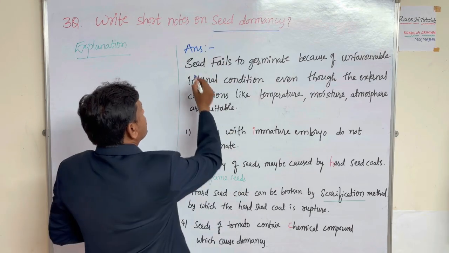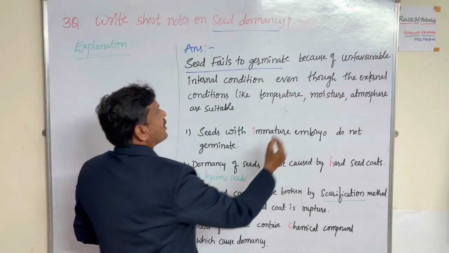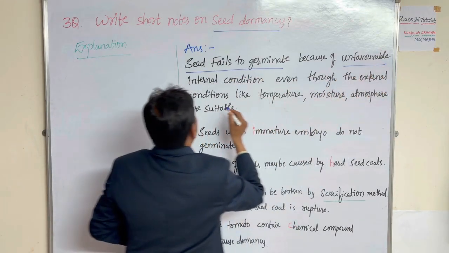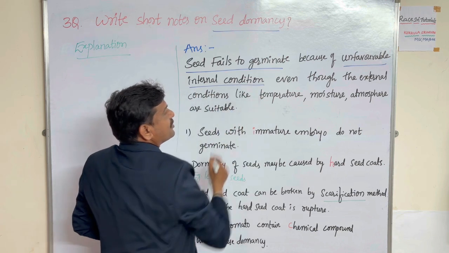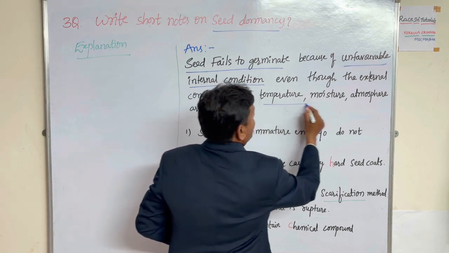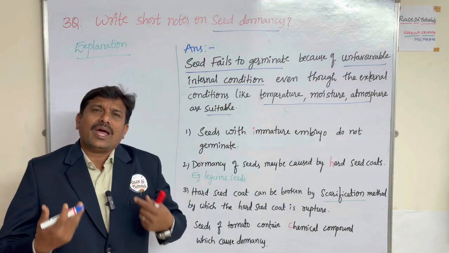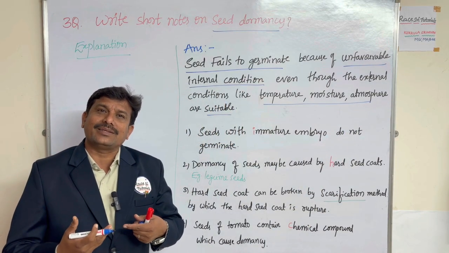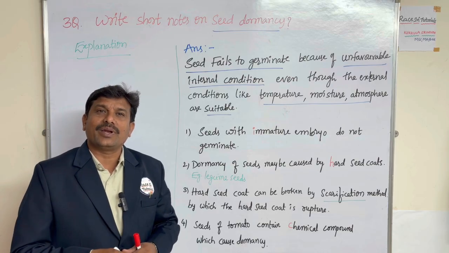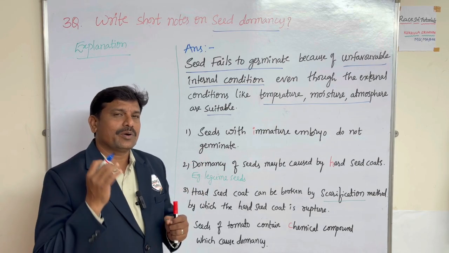So the seed fails to germinate because of unfavorable internal conditions, but suitable external conditions are there: temperature, moisture and atmosphere. But what happens internally, sir? What is the reason the seeds are not germinated? Let's discuss.